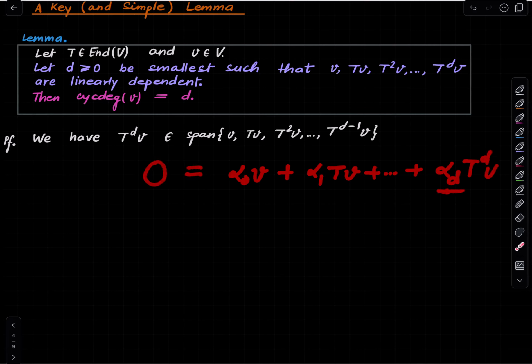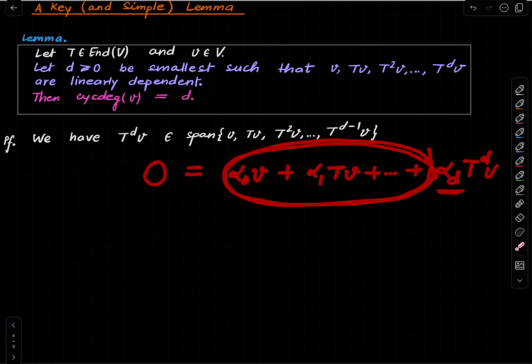Now, if alpha D were 0, then we would find that the vectors up to T to the power D minus 1 of V would be linearly dependent, and that contradicts the minimality of D. D was the smallest non-negative integer for which these were linearly dependent.